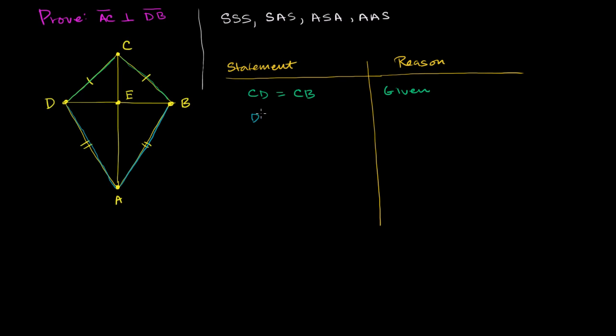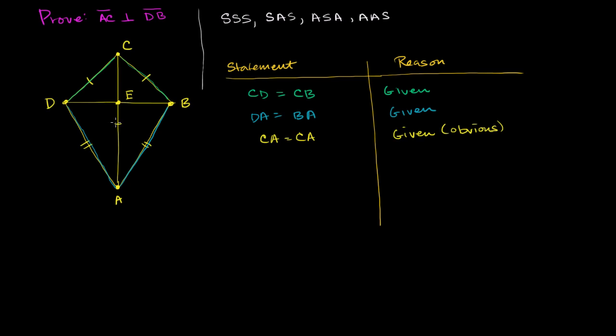So DA is equal to BA. That's also given in the diagram. And then we also know that CA is equal to CA, I guess we could say. So CA is equal to itself, and it's obviously in both triangles. So this is also obvious from the diagram. Both triangles share that side.